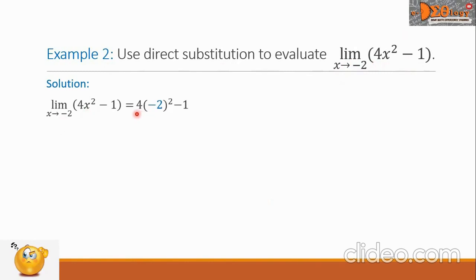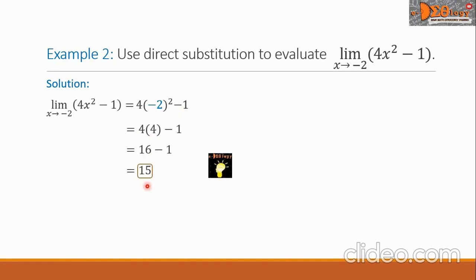So we have 4 times the square of negative 2 minus 1. The square of negative 2 is positive 4. 4 times 4 is 16, and 16 minus 1 is equal to 15. This is our final answer.